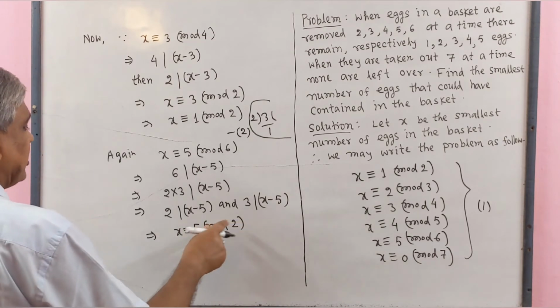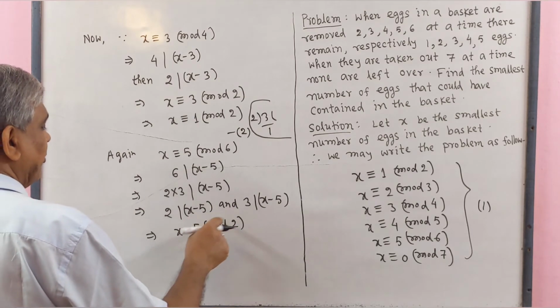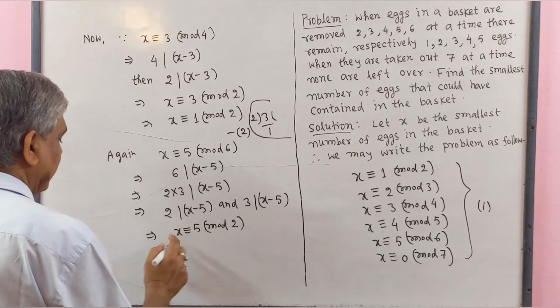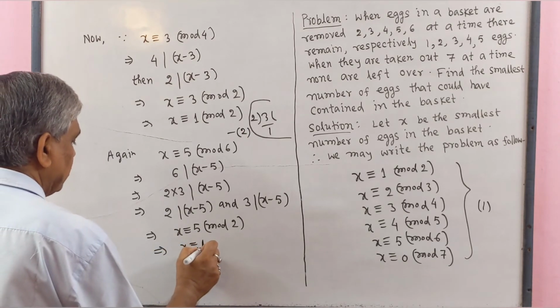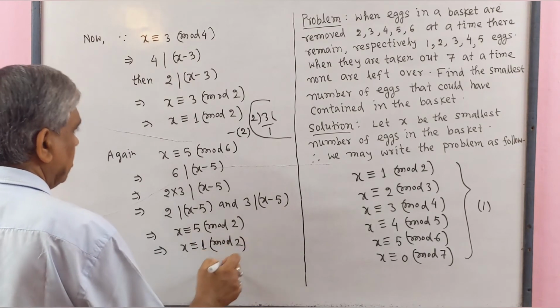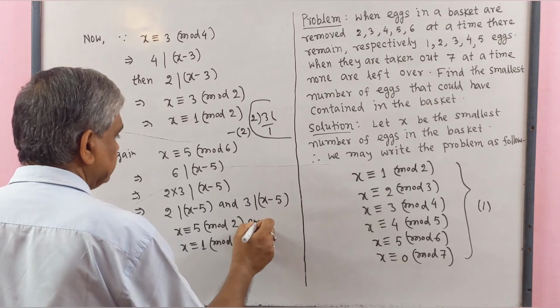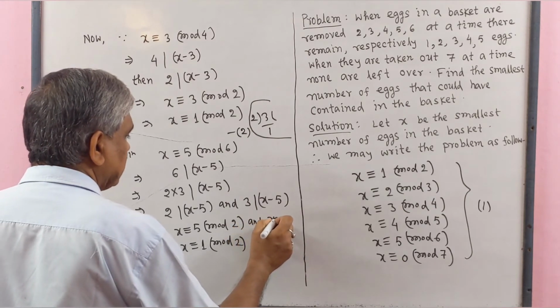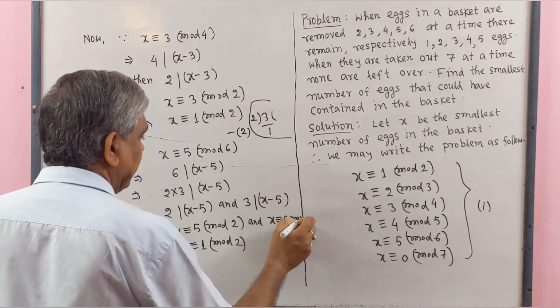Since 5 is greater than 2, if we divide 5 by 2, we get remainder 1. So here we may write x is congruent to 1 modulo 2. And here x is congruent to 5 modulo 3.